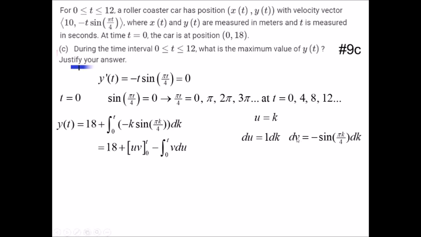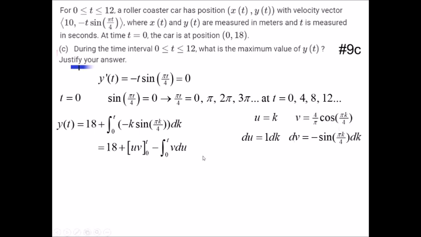And now I have to figure out the value of v by taking the antiderivative of this. Normally this would just be a positive cosine of whatever was inside, pi k over 4. But I have to divide by this inner derivative of pi over 4, so I'm really multiplying by 4 over pi. So then I have v equals 4 over pi cosine of pi k over 4.